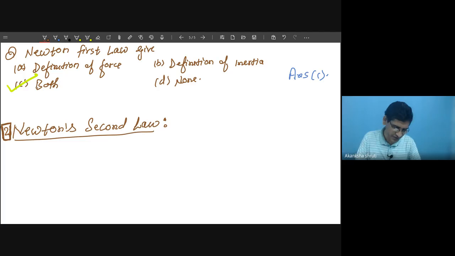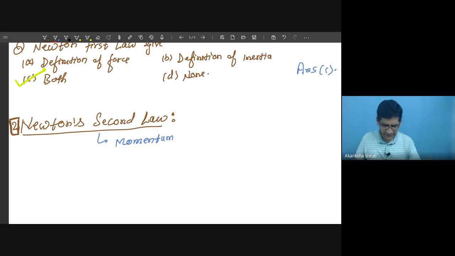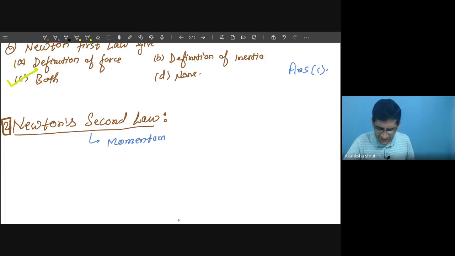For this Newton's second law, we need momentum. It basically tells that a momentum change is required. So first we will understand what momentum is.